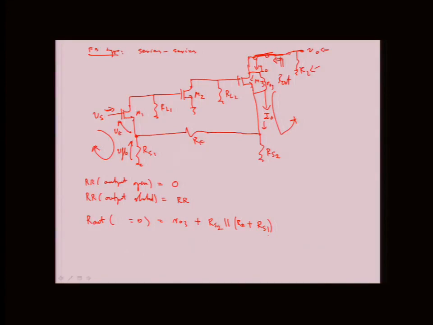Now, in reality, if I don't want to ignore it fully, I actually do have RO1 here, right? So in reality, what I should be writing is something like RF plus RS1 in parallel with RO1 plus RL1, if I really want it to be fully exact. But this is likely much bigger than RS1, so even though RS1 is kind of big, it would kind of fall off.